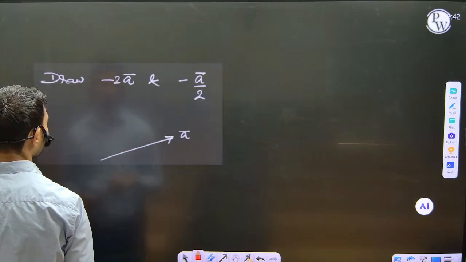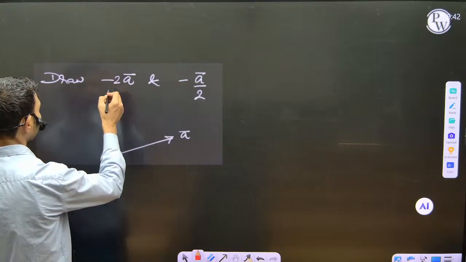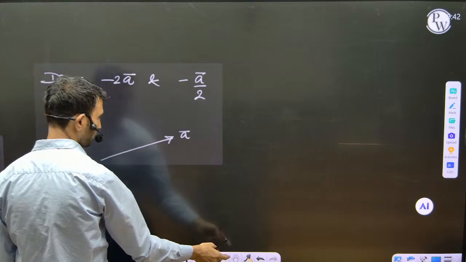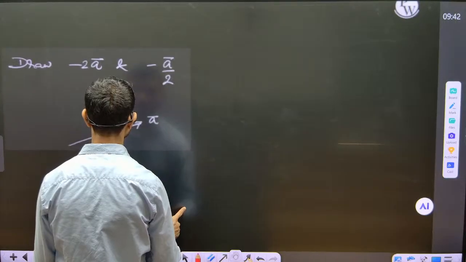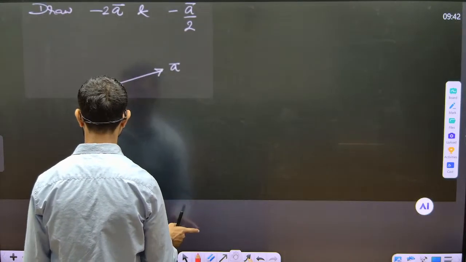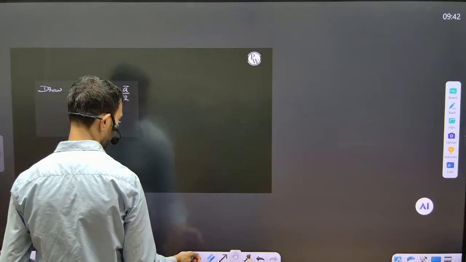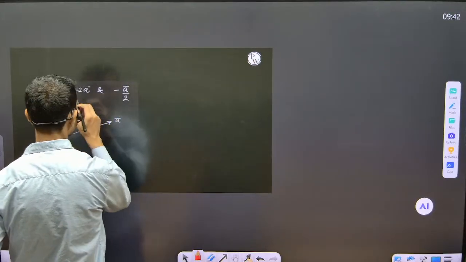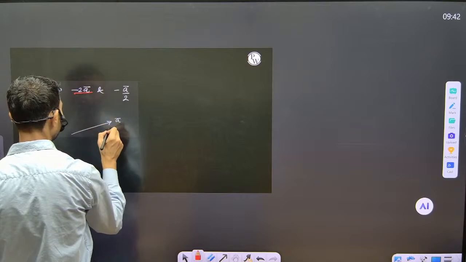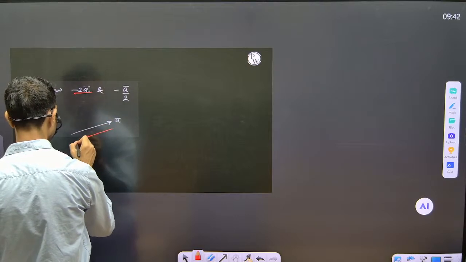Now, what about -2a? This is the a vector, what will the -2a vector be, tell me? The a vector is this, the -2a vector will be the negative of this, meaning opposite direction.